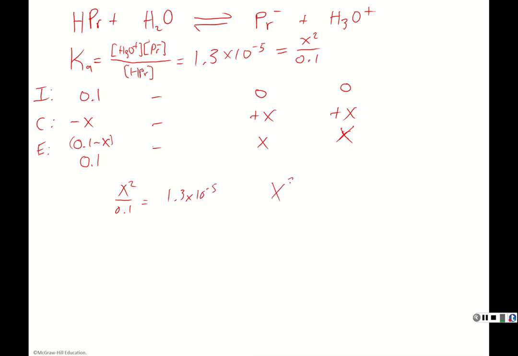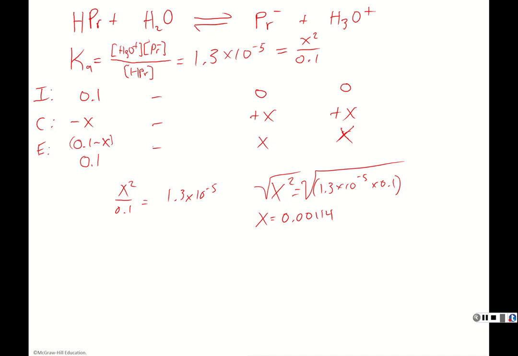We can multiply through both sides by 0.1, so 1.3 times 10 to the minus 5 times 0.1. You can take the square root of both sides, and then we find x is 0.00114.